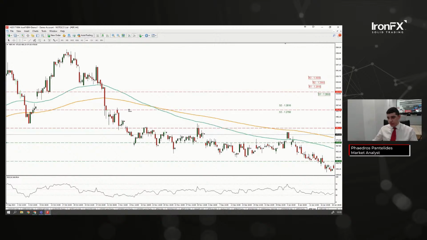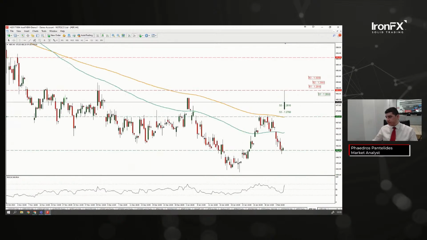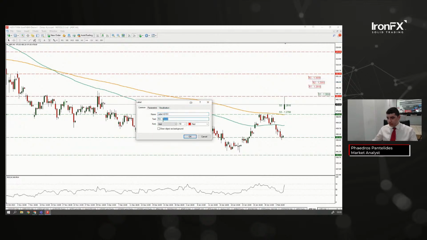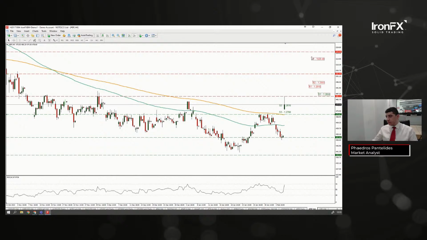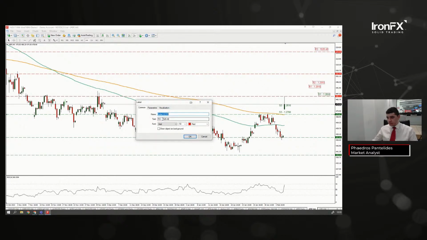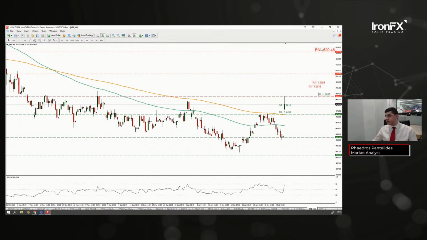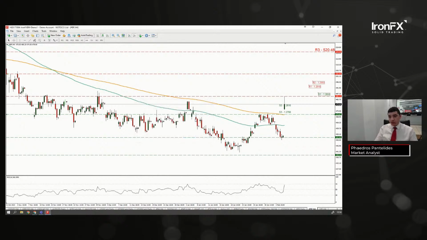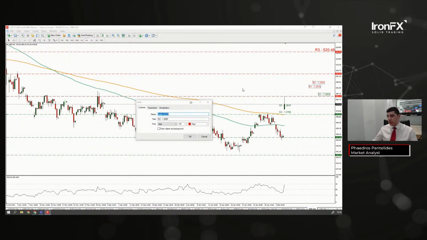I've accidentally removed R2. So you have R3, 503, just rounding it up to the dollar. Let's just make sure that it coincides. Yep. So big figure, psychological as well, $503.